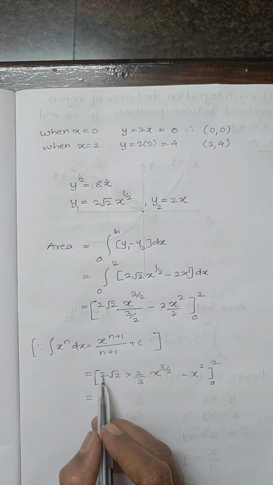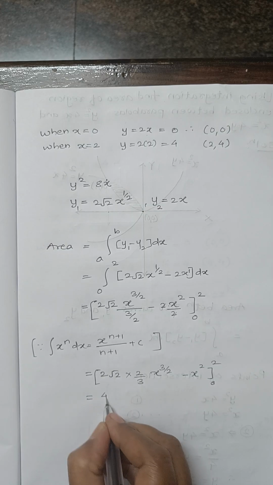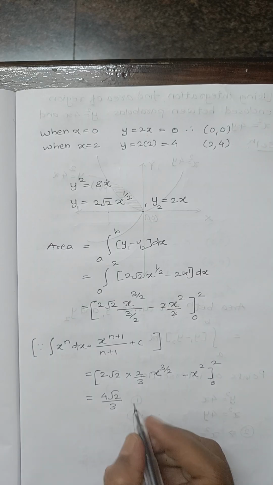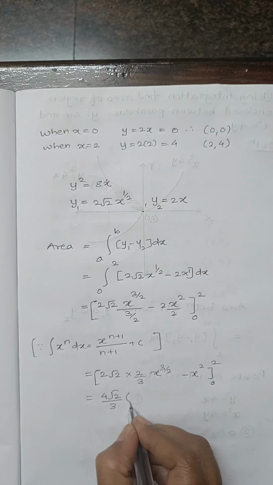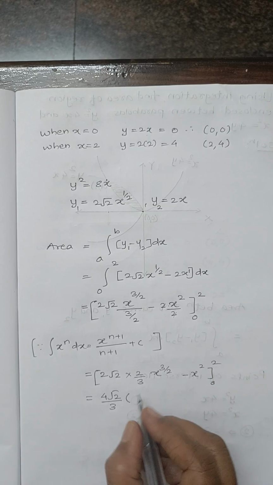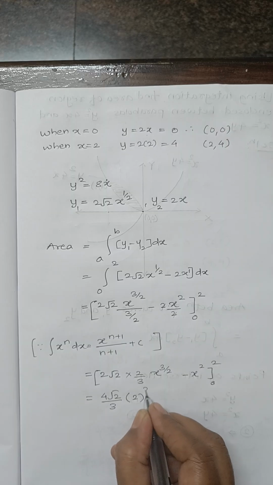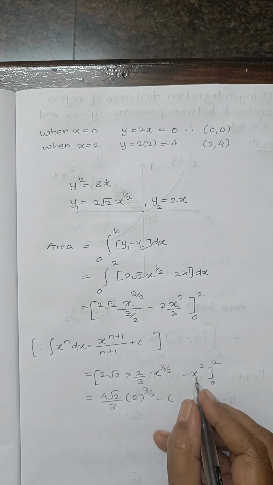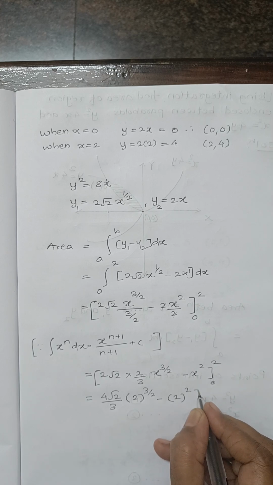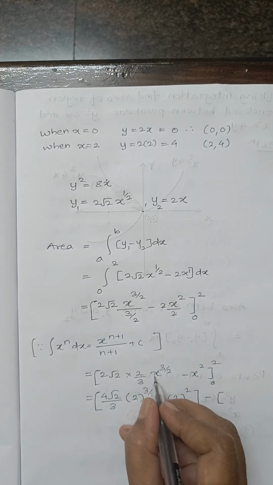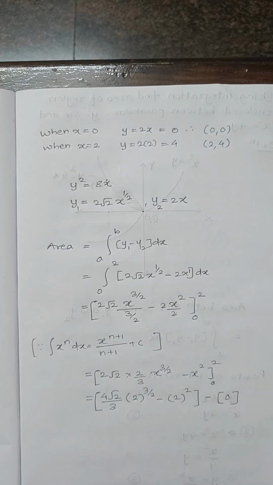This 2 into 2 is 4, this root 2 divided by 3, and the upper limit is x is equal to 2: 2 raised to 3 by 2 minus 2 square, minus the lower limit x is 0, this term will be 0.